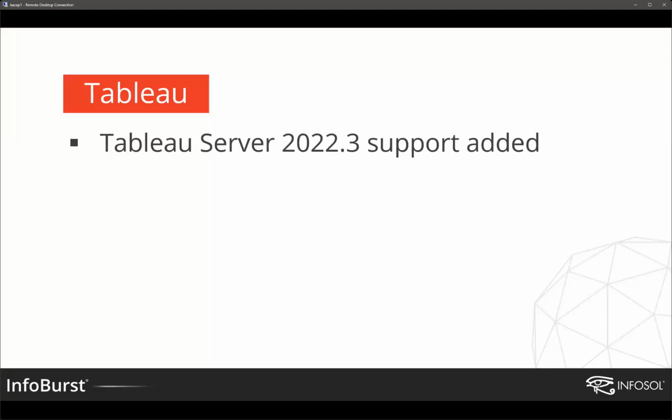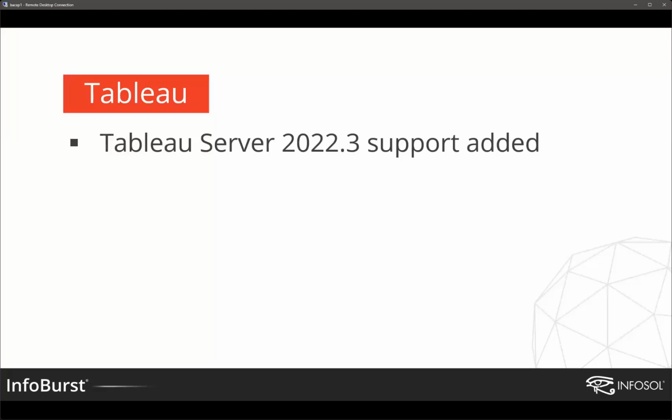If you have need to move to a Tableau Server version later than this, please reach out to us on the help desk. We'll certainly be supporting the 2023.1 version of Tableau Server in our next InfoBurst version, but support for these Tableau Server versions tends to be forwards compatible.